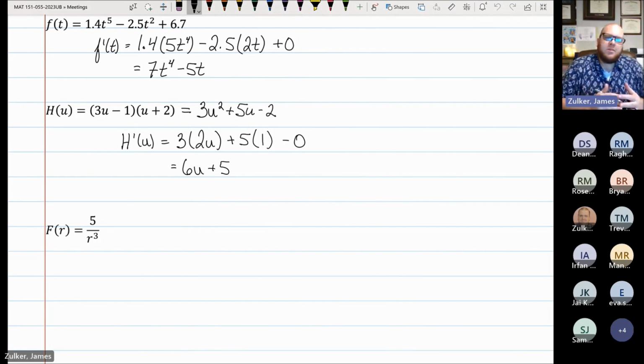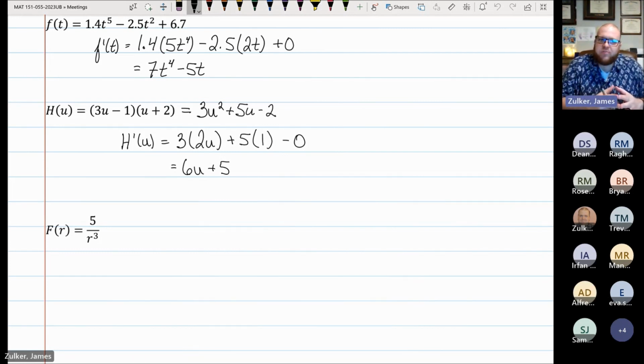Again, right now, we do not have a way of finding this derivative in our toolbox. Right? It's a fraction. Specifically, the independent variable is located in the denominator.